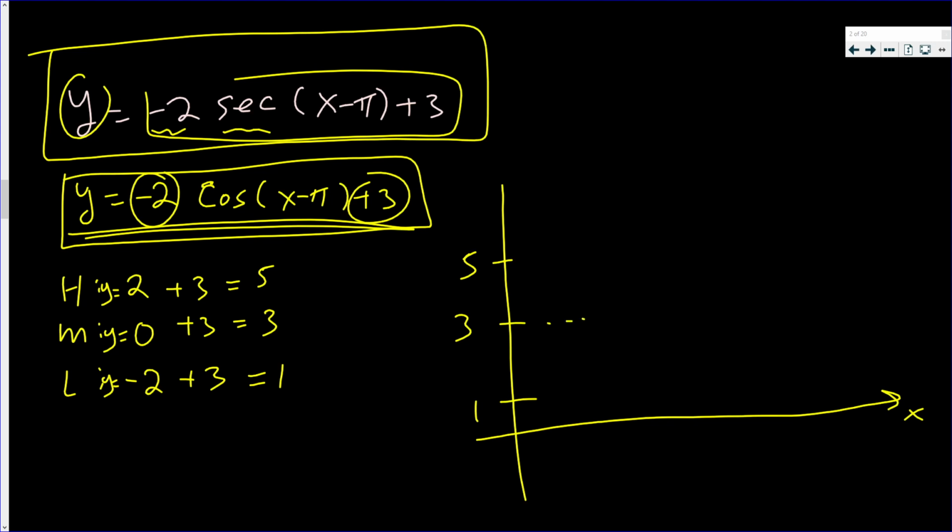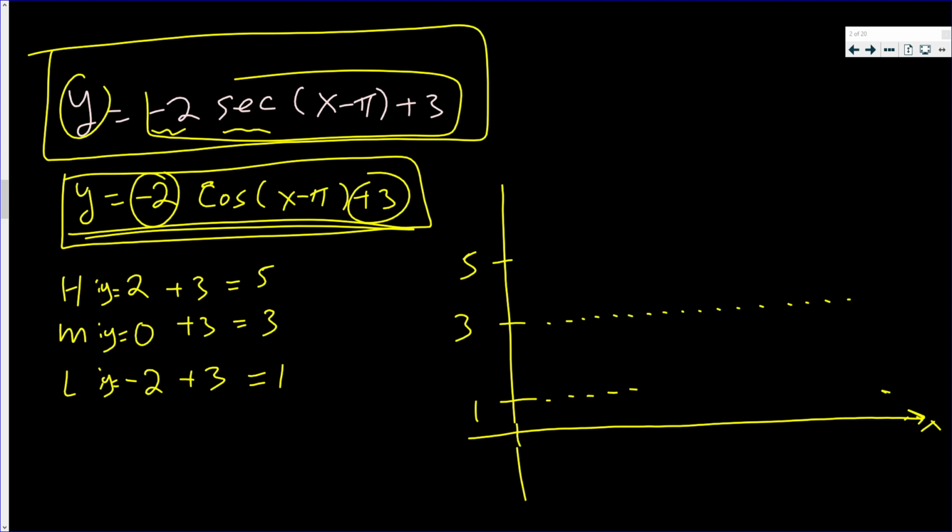And let me just have this line. Now what we want to do is graph this cosecant graph. Okay, cosine graph. And we know it's in between 1 and 5.